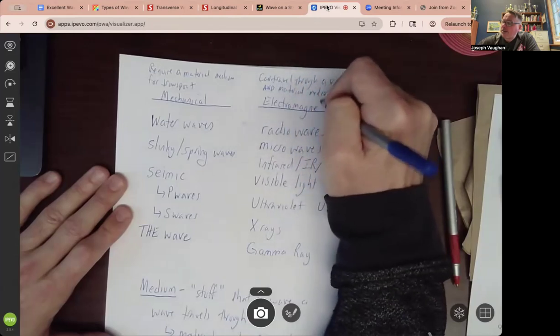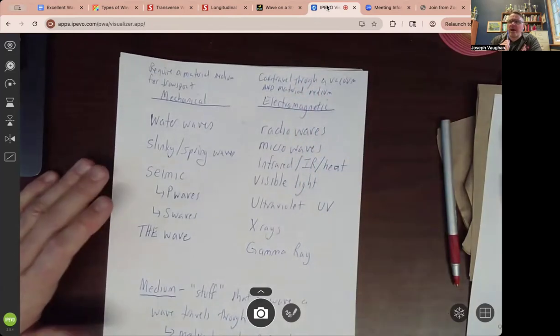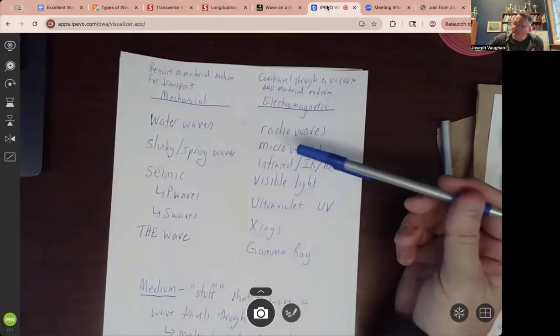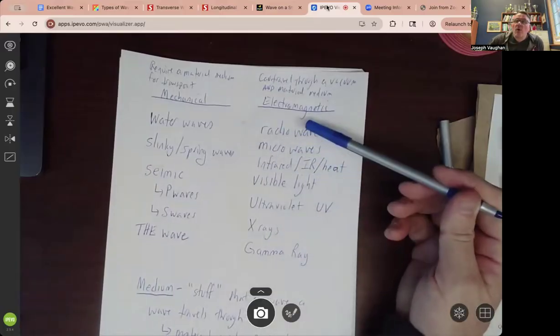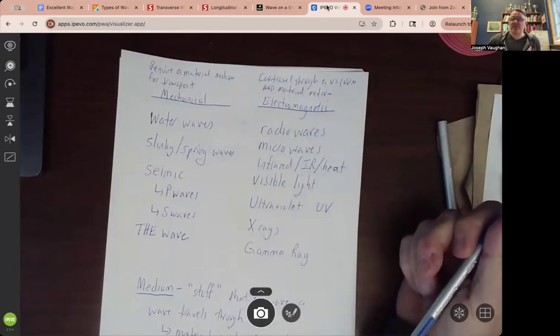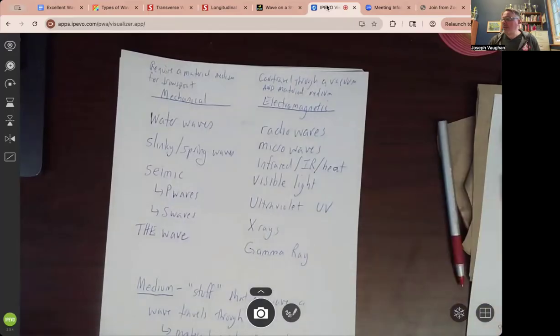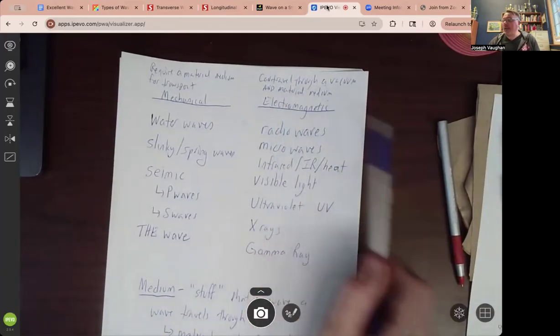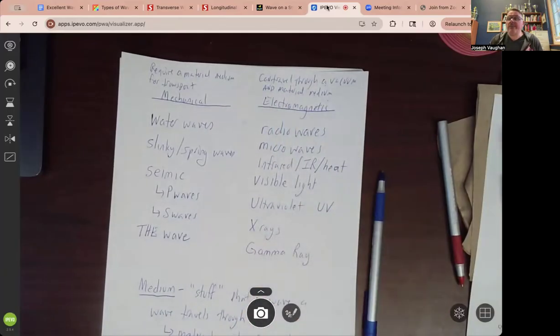And you might stop and go like, I knew that word electromagnetic because in chemistry, you'd have seen these all as our electromagnetic spectrum. We're going to get back to that. But yes, so can travel through vacuum and material medium. Although I will say that some of these electromagnetic waves can't travel through all material medium. For example, X-rays. When you go to the dentist and they take X-rays, what do they do?